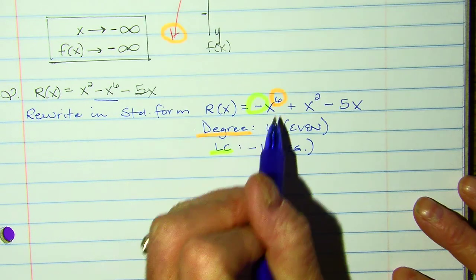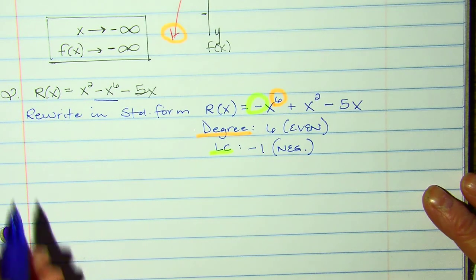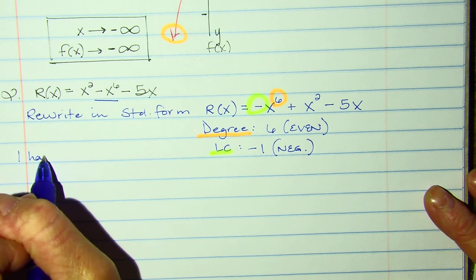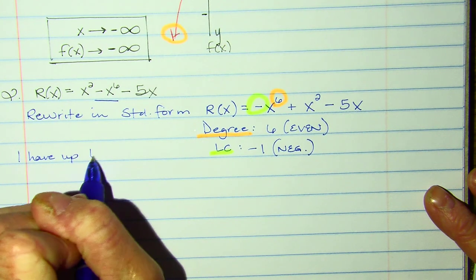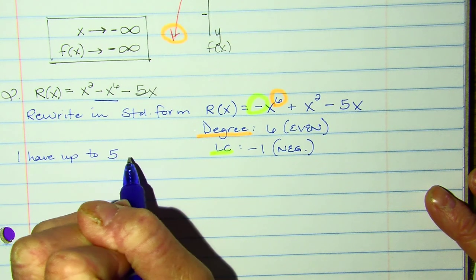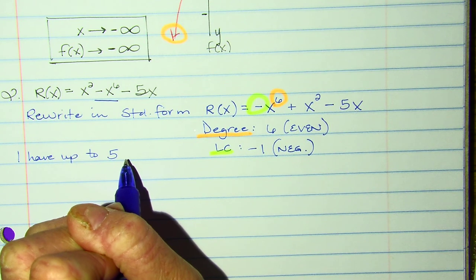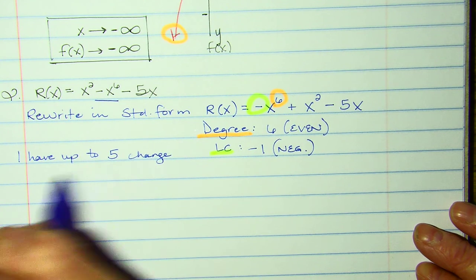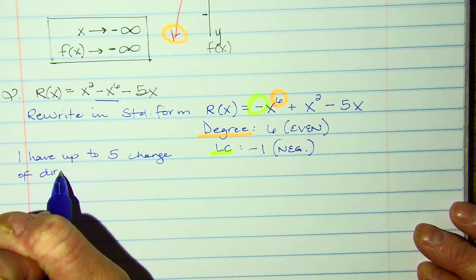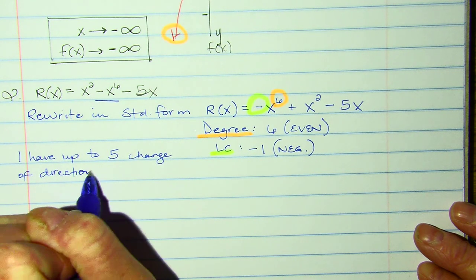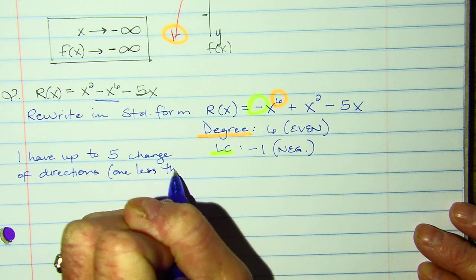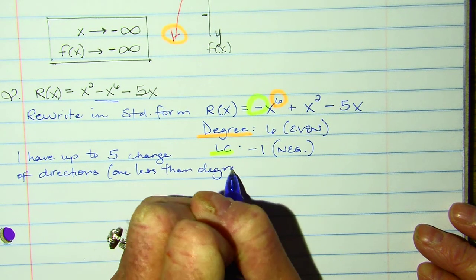Now, I know that if x is to the sixth, that means I have up to 5... Oh my goodness, where did they change it? Gosh, I can't think of the term. 5 changes of direction, 1 less than degree.